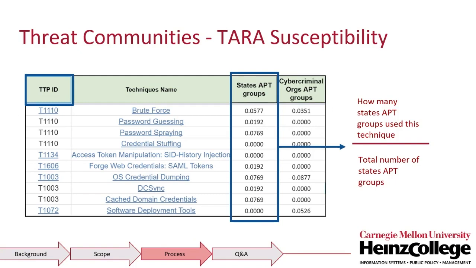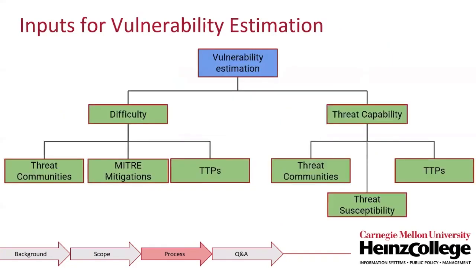The data from the threat intelligence report was then used to estimate the overall threat capability score. Okay, as a result, we have gathered all the inputs needed for the vulnerability estimation. And now I will hand it over to Fabio to speak about the vulnerability estimation.